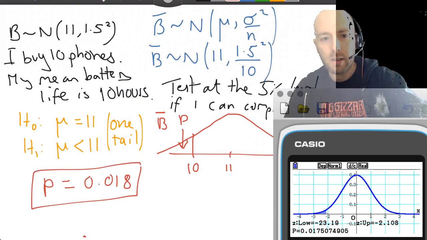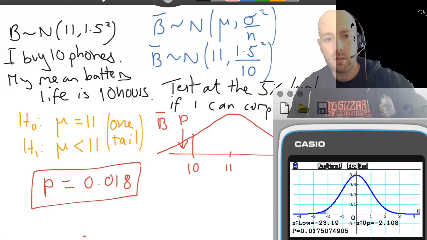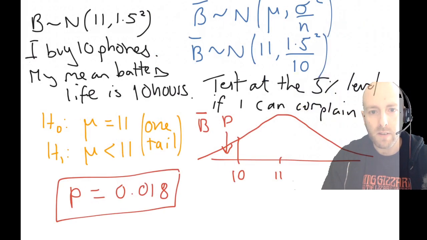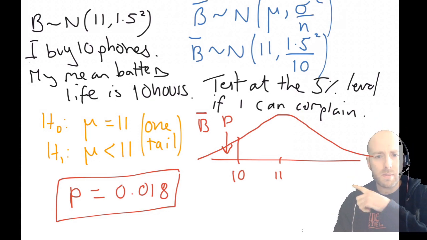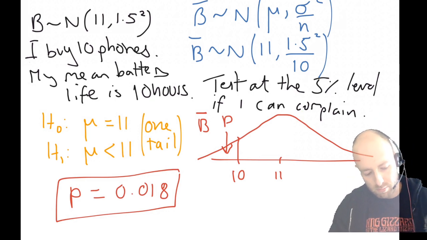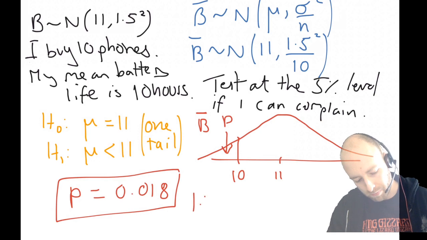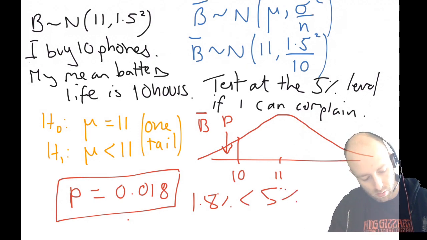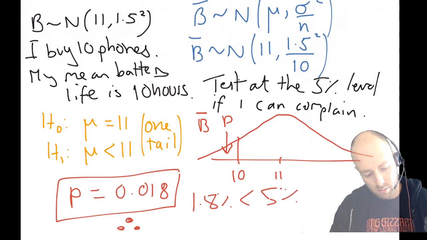Well, if we get rid of the calculator, all right, we're testing at the 5% level. Is that more or less than 5%? That's 1.8%. Ooh dear, 1.8%, which is less than 5%. Therefore, this is critical.